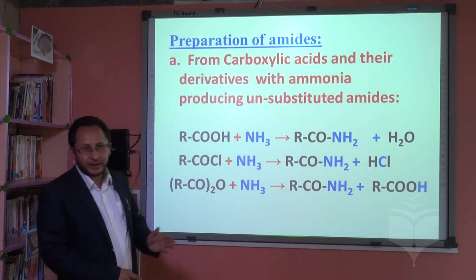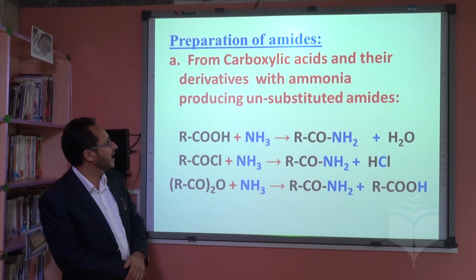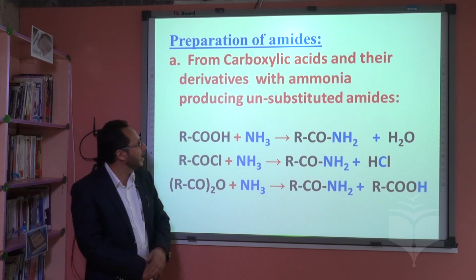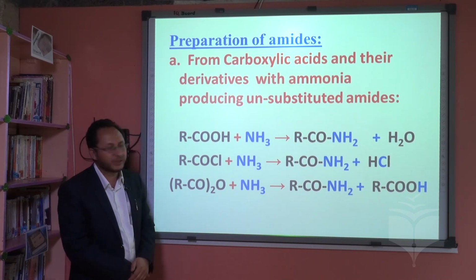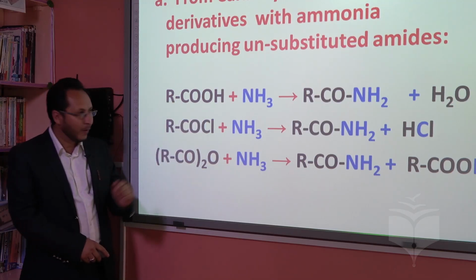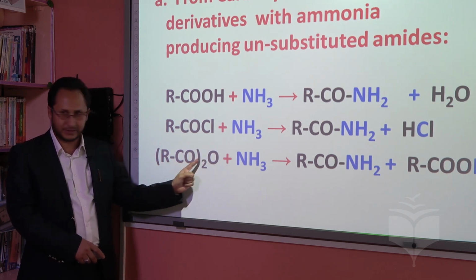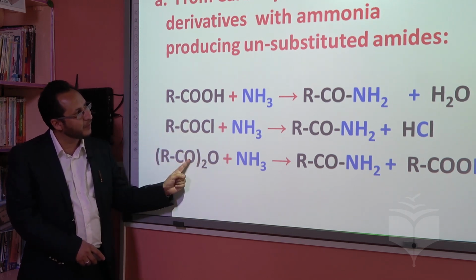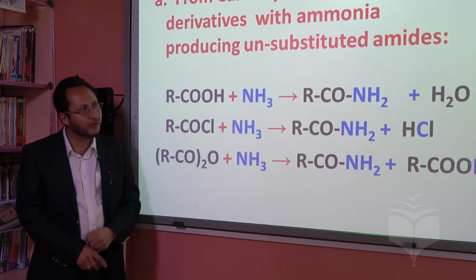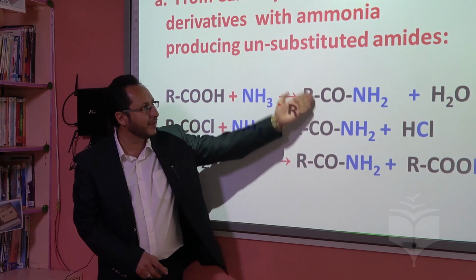Now, preparations of amides. From carboxylic acids and their derivatives with ammonia, producing unsubstituted amide. This is carboxylic acid or acid chloride or acid anhydride. Any type of them with ammonia, all of them give us unsubstituted amide, the same formula.